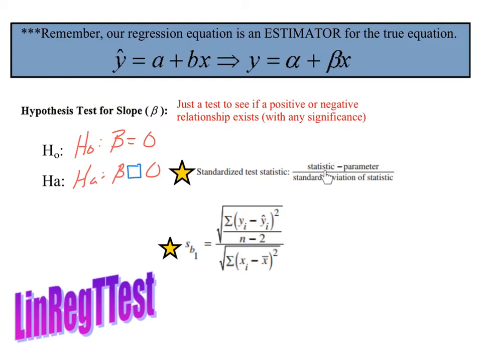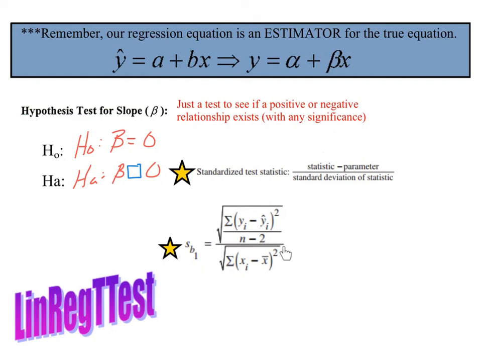So for us, the statistic is whatever the slope estimate we got was, right? For our example on pulse and height, it was 0.302, minus the parameter, which is 0. It's what comes from the null. And we will divide that by the standard deviation of the statistic, which you can see right here.